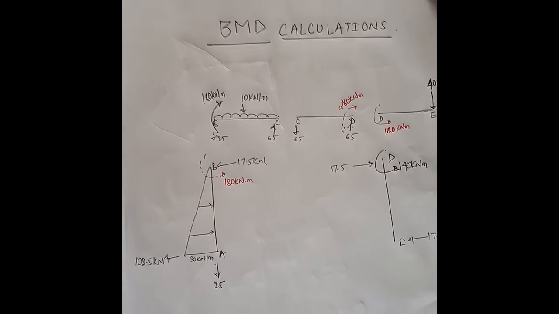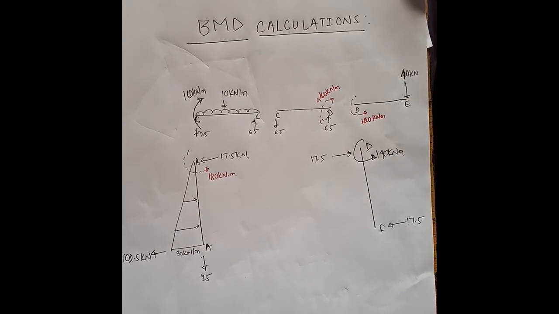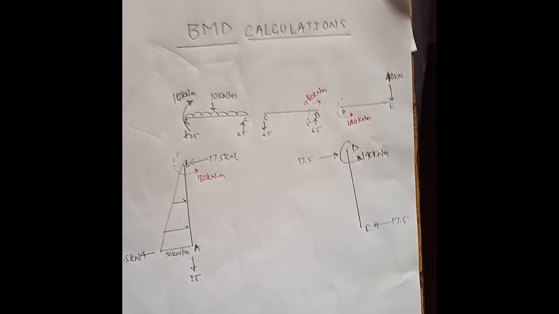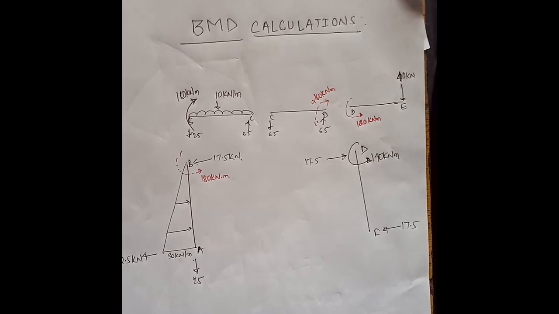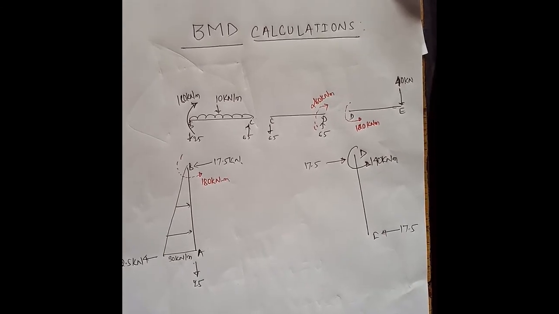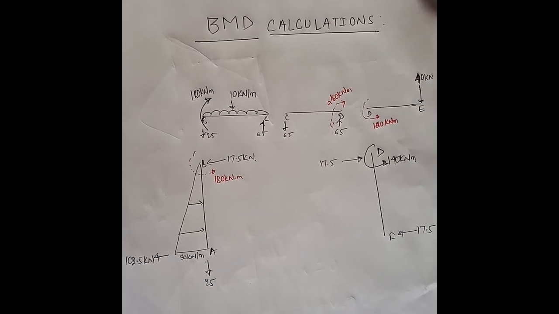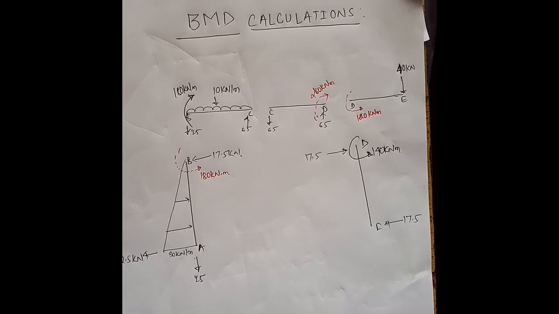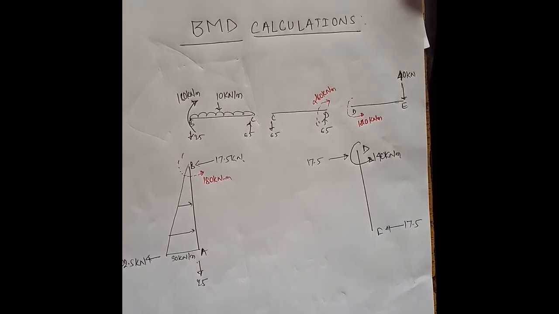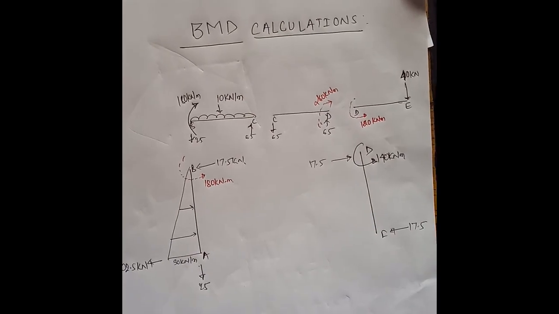Likewise, at section BC, we need to take the exact moment, which is clockwise. Likewise, in section CD at D, it shall be taken in the opposite sense because it is in red color. Likewise, in section DE at D it should be the opposite one, and in section DF at joint D that should be 140 kilonewton meter anti-clockwise.